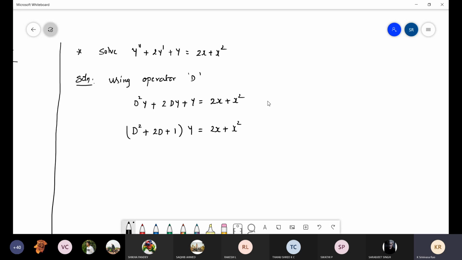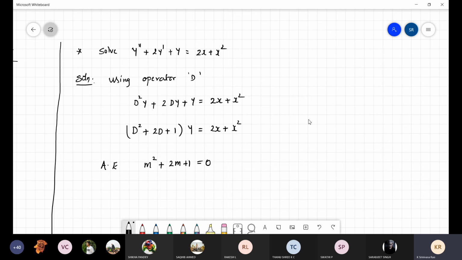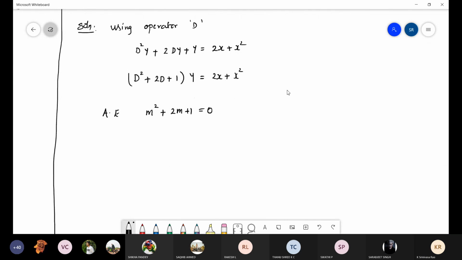Now the auxiliary equation: m square plus 2m plus 1 equal to 0. Can we get the factors? Yes, the factors of 1 are 1 and 1, and 1 plus 1 is 2. This implies m equals minus 1, minus 1.